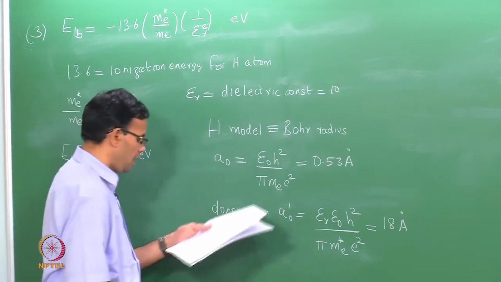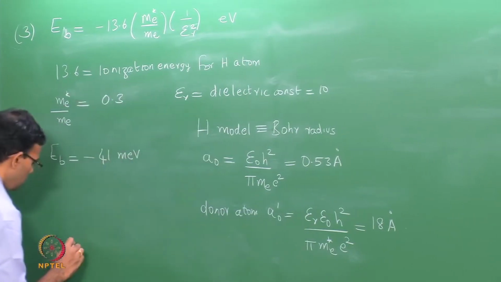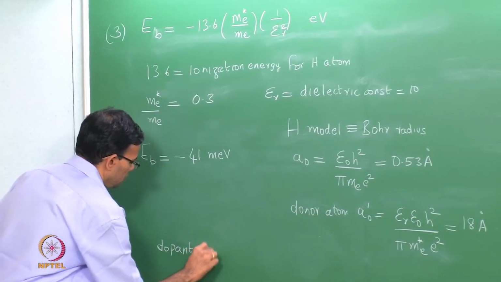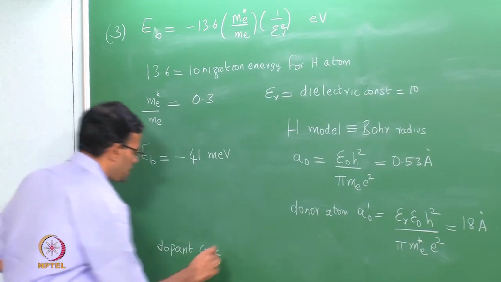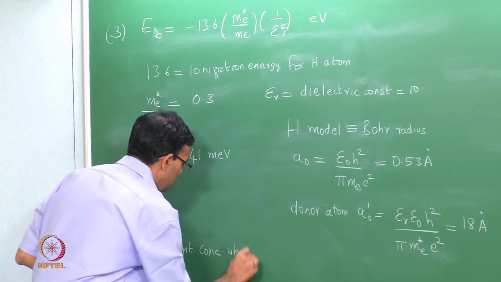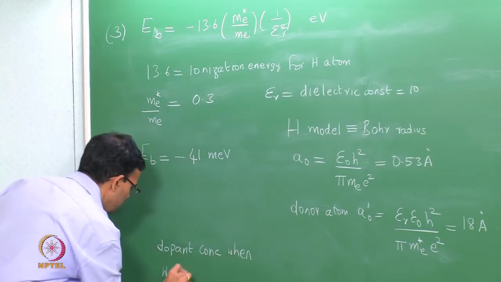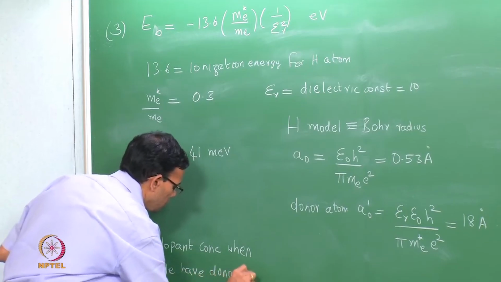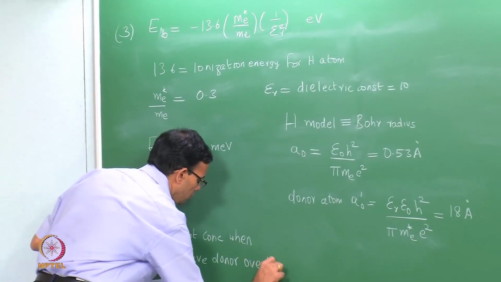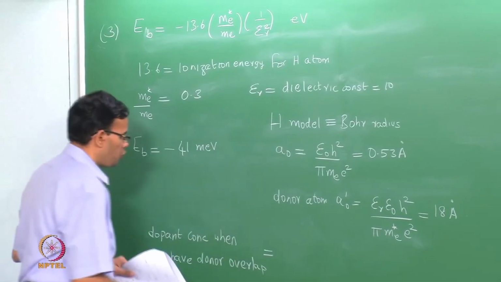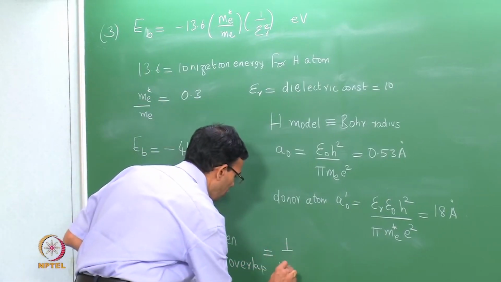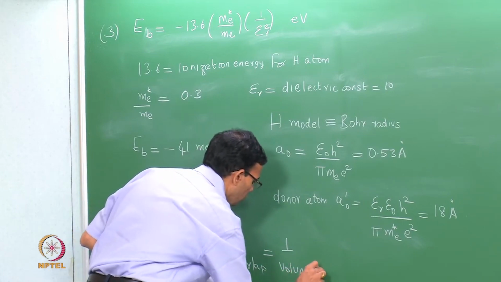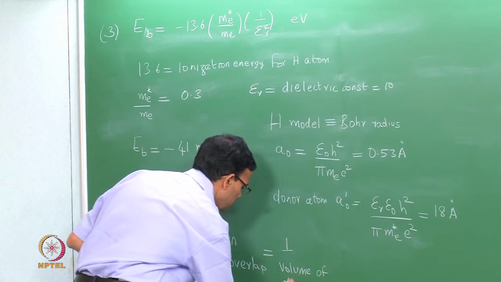So, to calculate the dopant concentration when we have degenerate semiconductors, I will call it donor overlap. It is nothing but 1 over the volume of the dopant atom.